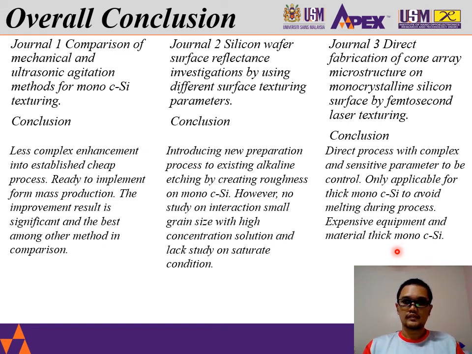So it is also only applicable for thick monocrystalline silicon. The reason is to avoid melting during the process. And when it comes to thick monocrystalline silicon, this also will impact the cost of material, and laser equipment is also not cheap and expensive compared to the chemical etching.